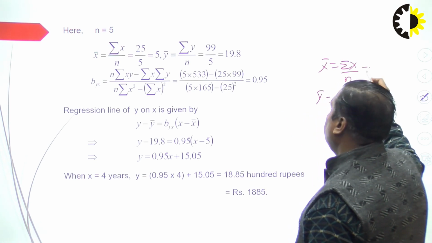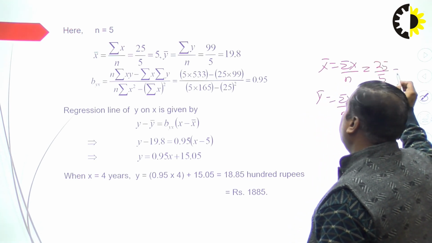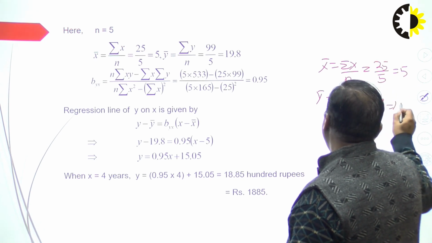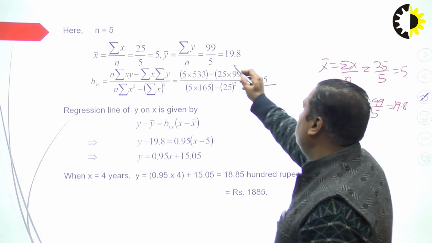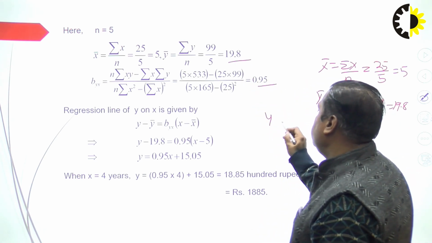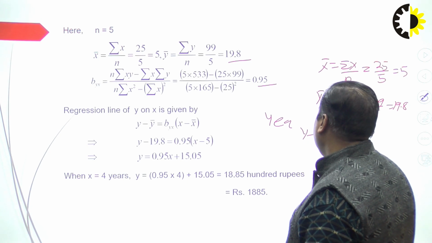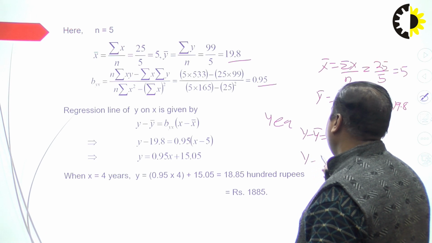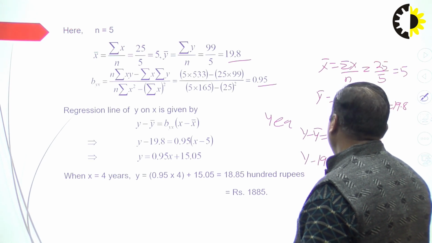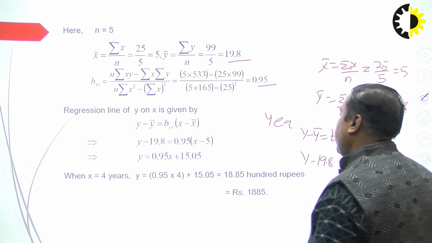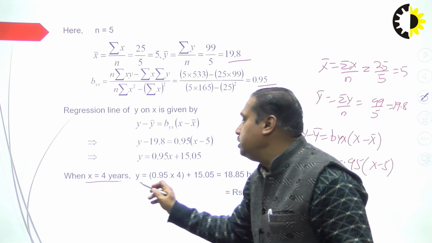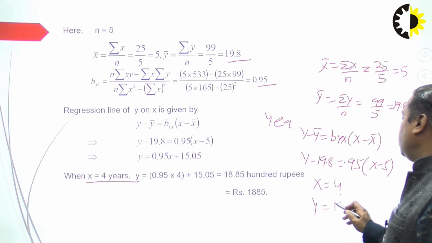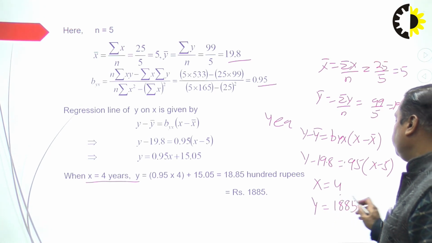That becomes 25 by 5, which is 5, and summation y by n, 99 by 5, is equal to 19.8. The equation is y minus y bar equals byx into x minus x bar, so y minus 19.8 equals 0.95 into x minus 5, and here we have to find the value for x is equal to 4. Putting x equal to 4, we find y is equal to 18.85.